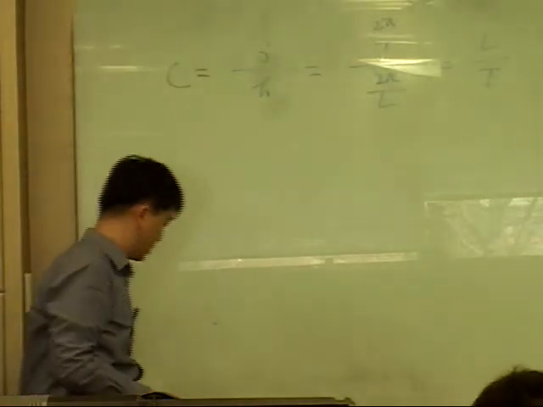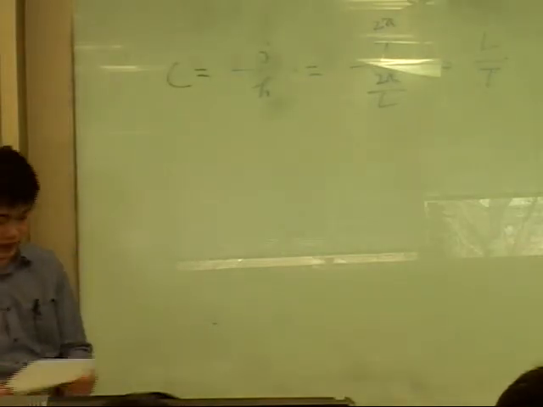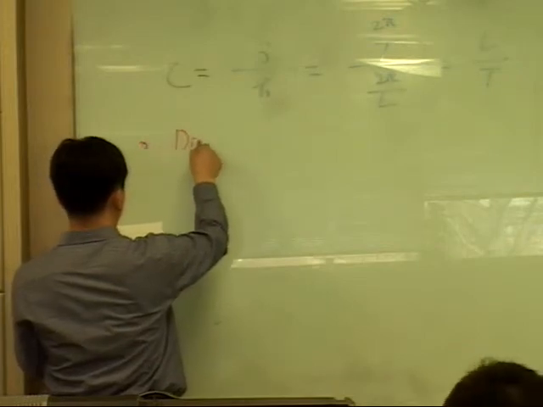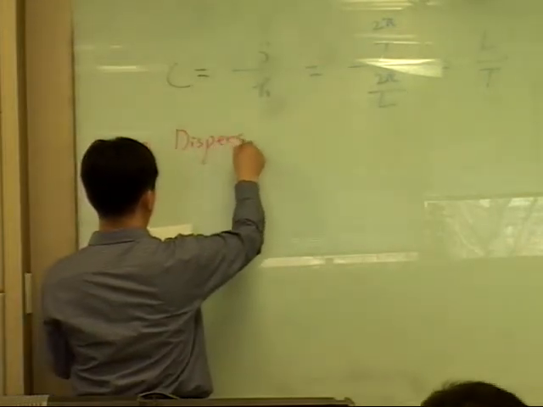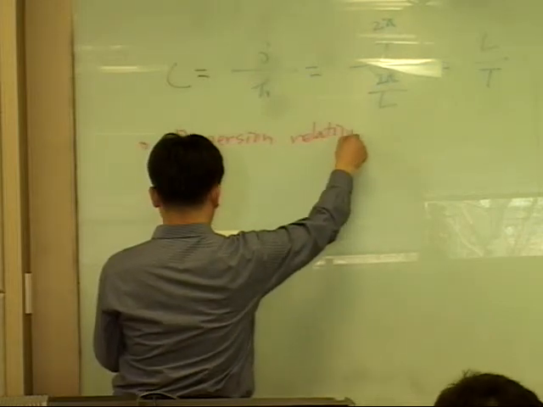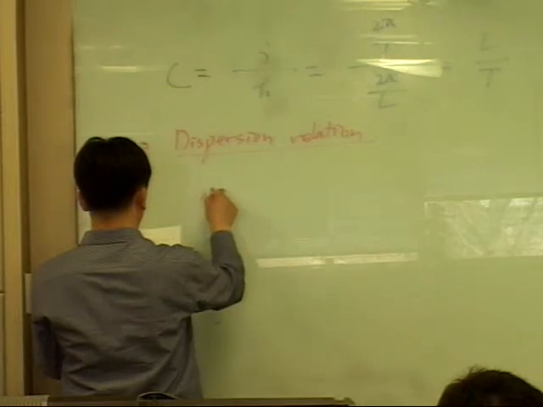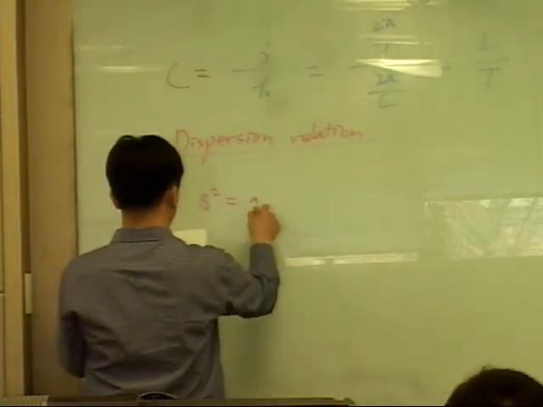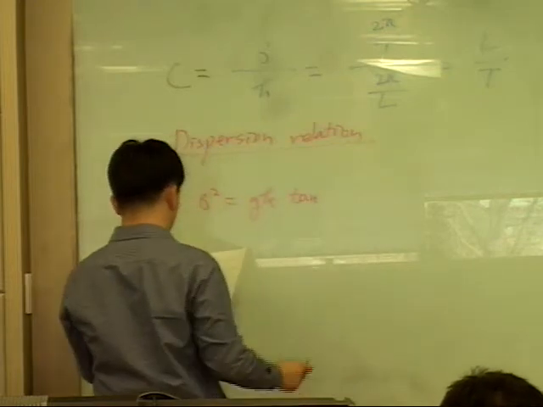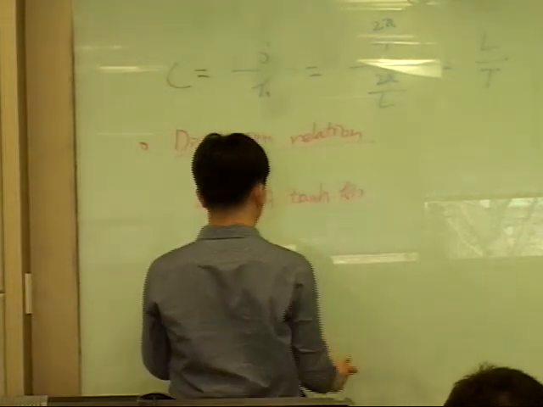And we don't have much time, but let me talk about the final one, the dispersion relationship. This is sigma square equal to g k times hyperbolic tangent kh, right?